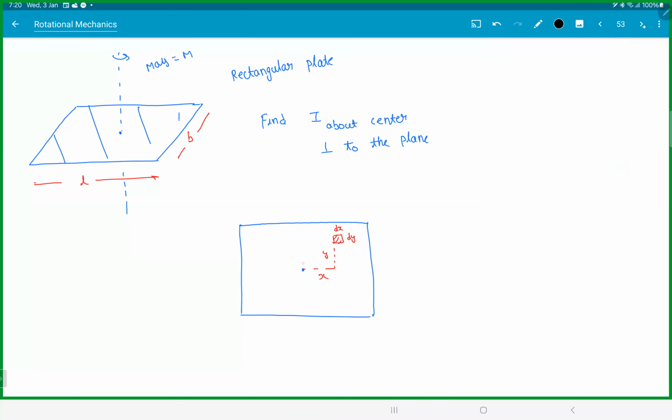No, don't take rectangles. But you have the distance. This is the perpendicular distance, isn't it? R, which is root over x square plus y square. You take small elements, small rectangles. So they'll become like particles. Perpendicular distance will be root over x square plus y square. Area will be dx into dy, double integration.